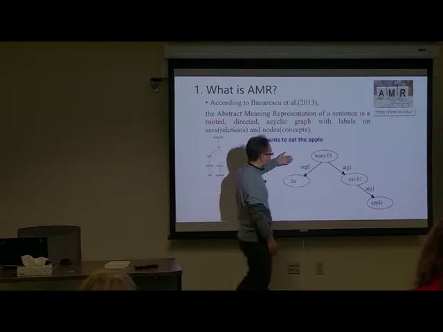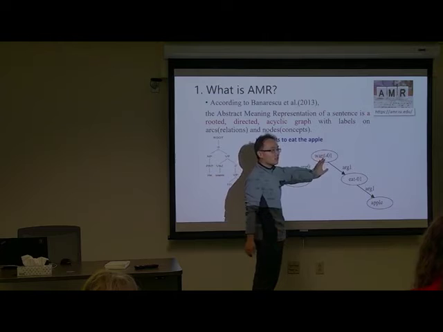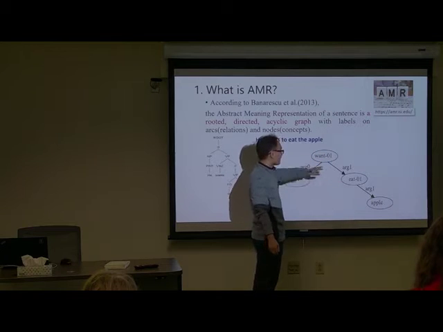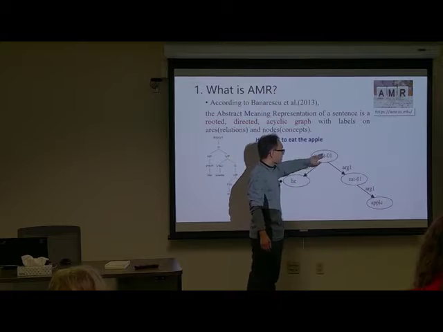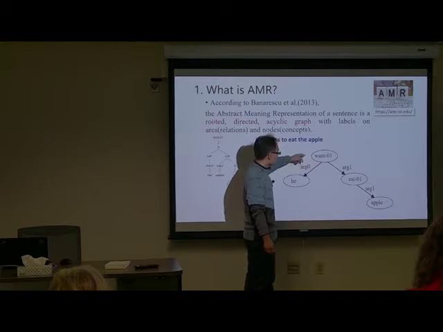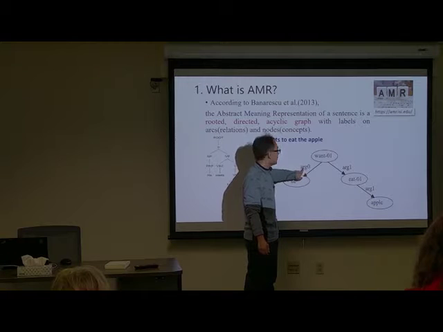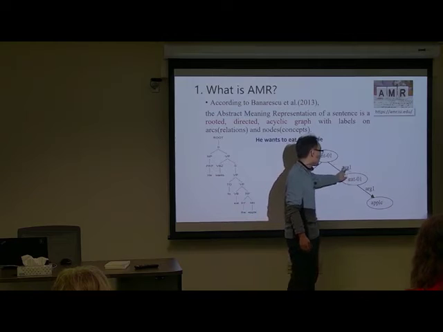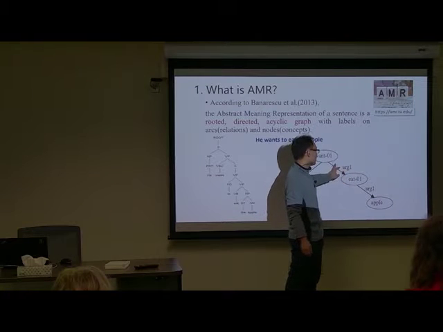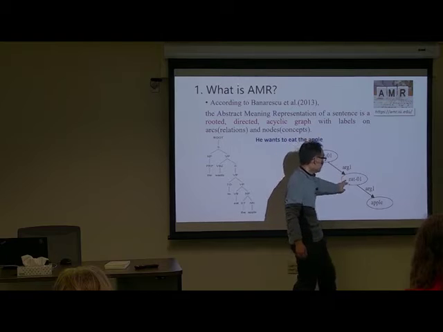people say, why not show it like this? It's simpler, and it takes want as a root. And here is the ARG0. This means agent or subject, and this is the object, the want what and eat what.